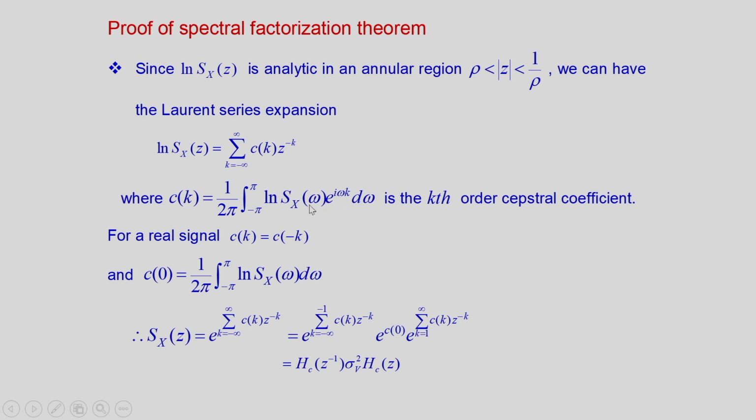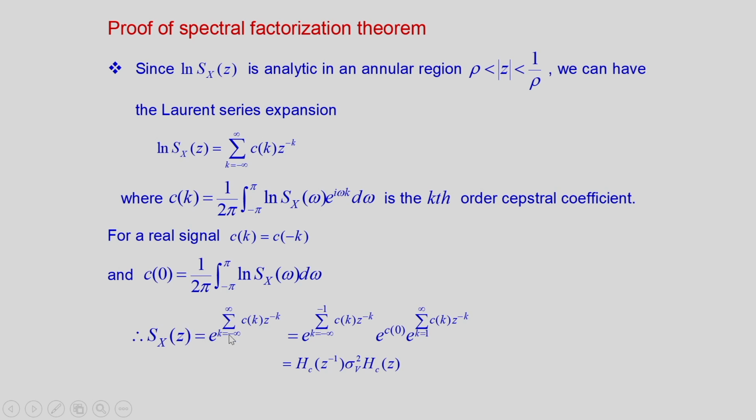The first part is e to the power summation Ck z to the power minus k, k going from minus infinity to minus 1, that is the first factor, and e to the power C0, which is a constant, into e to the power summation k going from 1 to infinity of Ck into z to the power minus k.